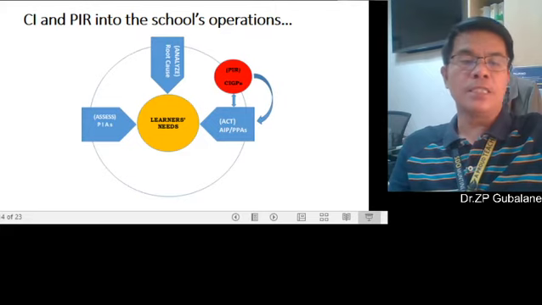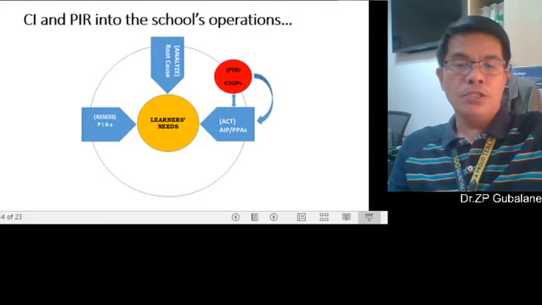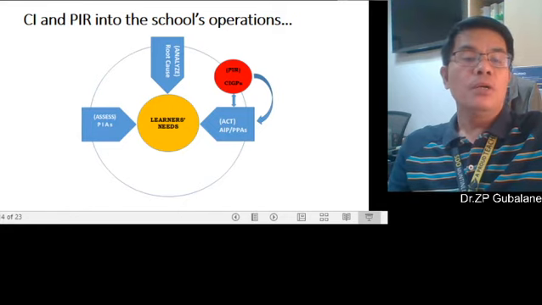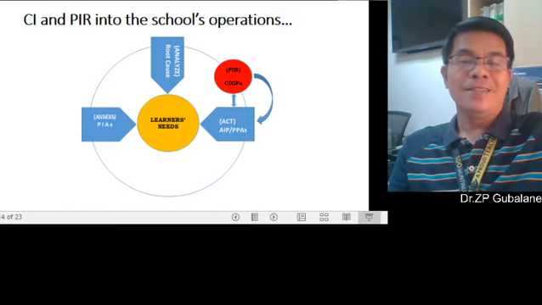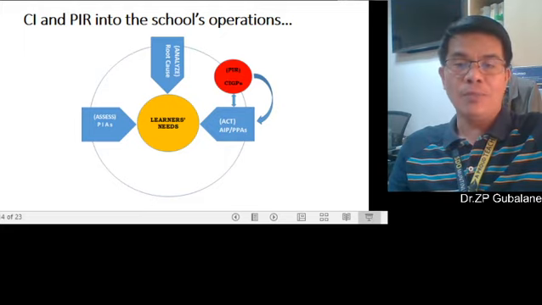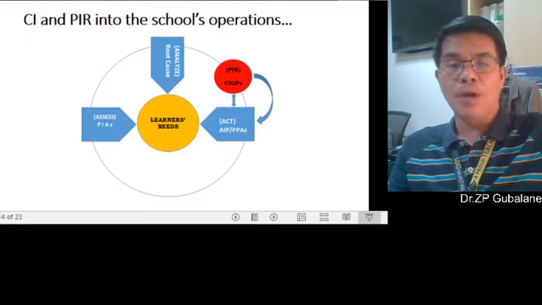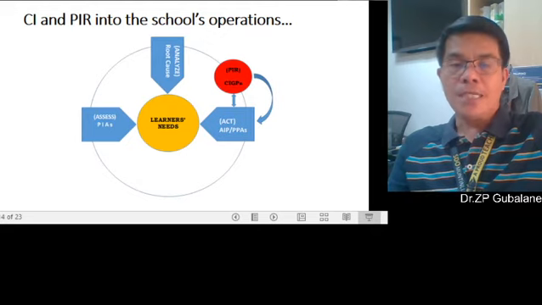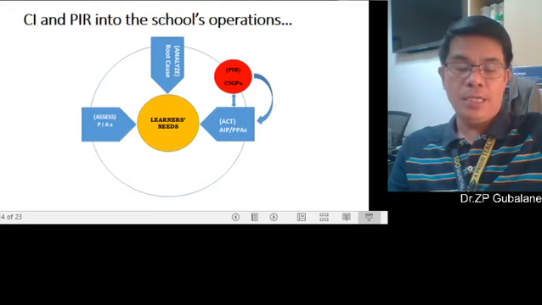these needs or learners' needs. Now, at the very left portion of our illustration, we have there assess. Okay, so assess is one of the components of what? Yes, of CI. CI has a component of assess, as we discussed a while ago.